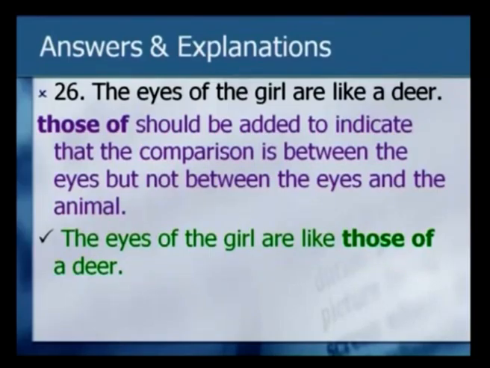If you are going to indicate that the comparison is between the eyes of the girl and the eyes of the deer that you are comparing, then you have to say those of. But if you are simply saying that it is eyes and the animal, then you can leave it like this, which means the eyes of the girl are like a deer is referring to the eyes resembling a deer.